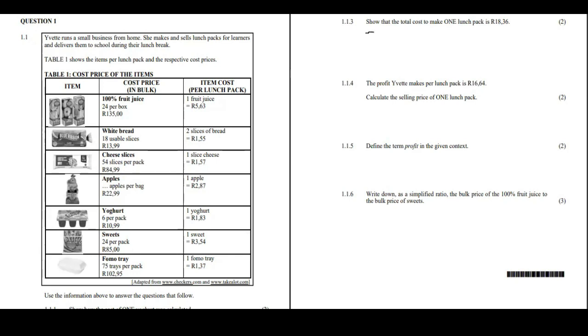So we shall take the cost for one juice, which is R5.63, plus R1.55, plus R1.57, plus R2.87, plus R1.83, plus R3.54, and plus R1.37. Indeed, you will get the money.